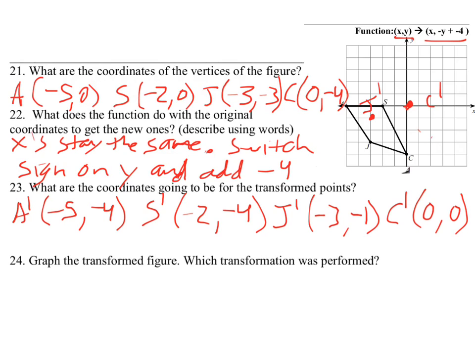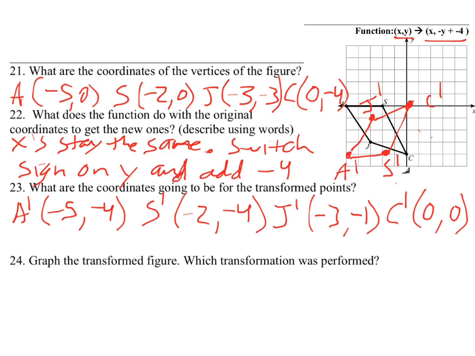So there's J prime. S prime is going to be at negative 2, negative 4. So there's S prime, and then A prime is going to be at negative 5, negative 4. So there's A prime.